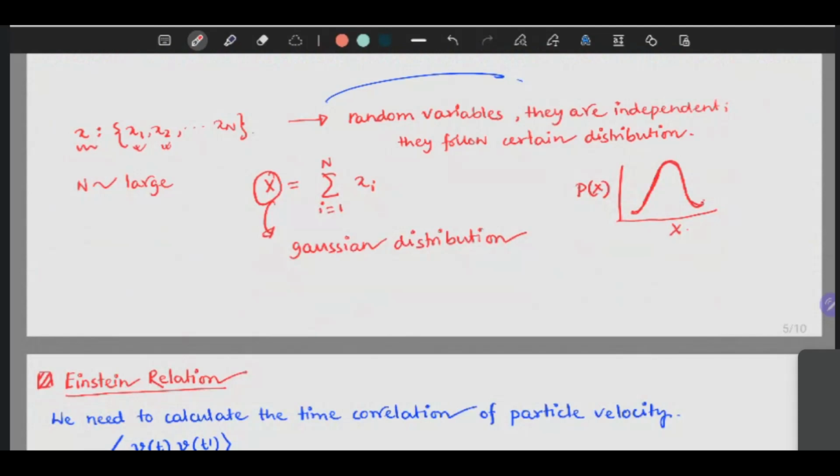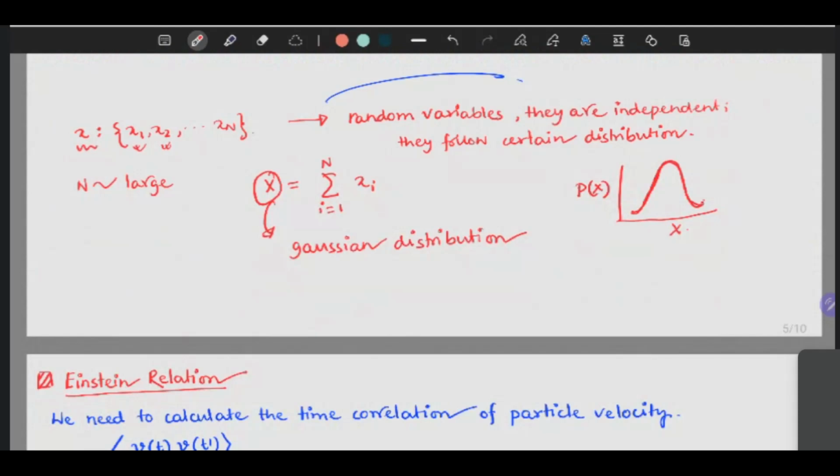So if you do that, then the only thing that remains for v(t) v(t prime) is v0 squared e to the power minus (t plus t prime) by tau v plus 1 by m squared integral from minus infinity to t dt1, minus infinity to t prime dt2.